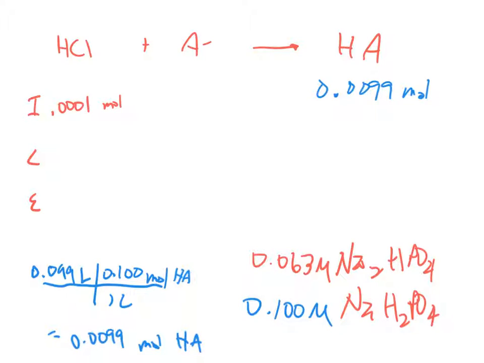Okay. So what we're going to do here, I'm going to change the colors, that way it's a little easier to see the difference between the two. We're going to do the exact same thing, but with the A- form. It also started off with 0.099 liters.